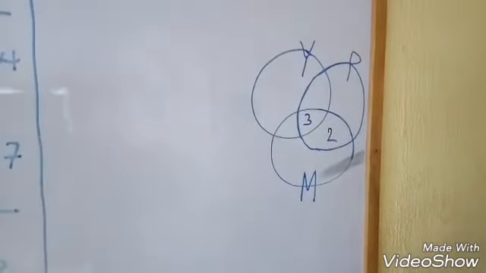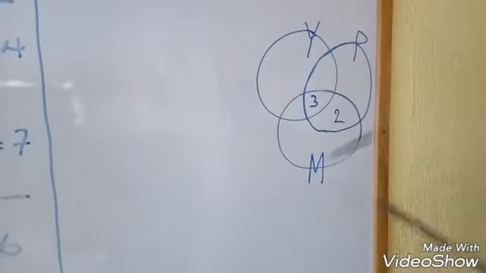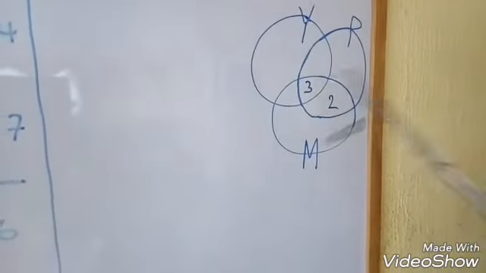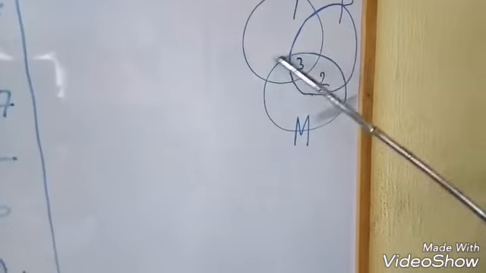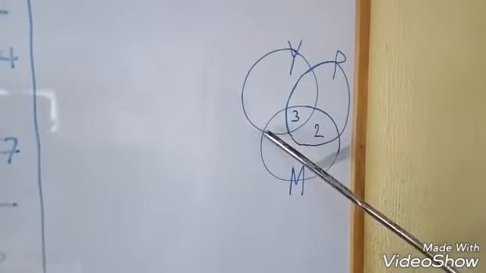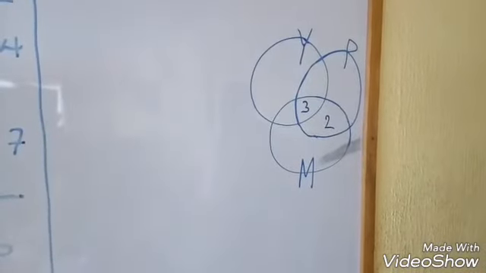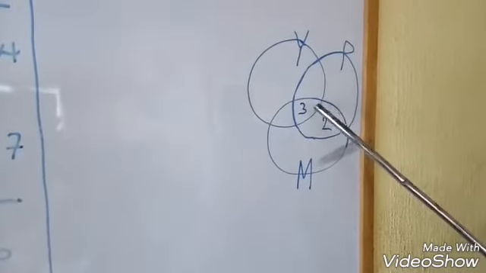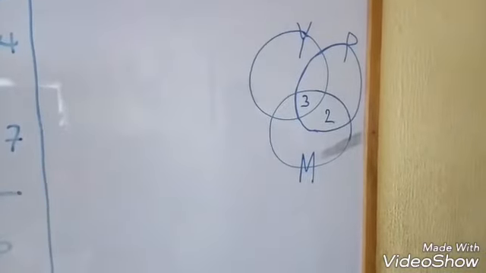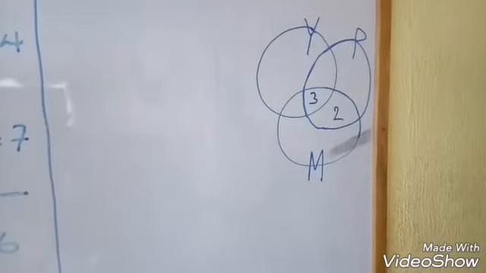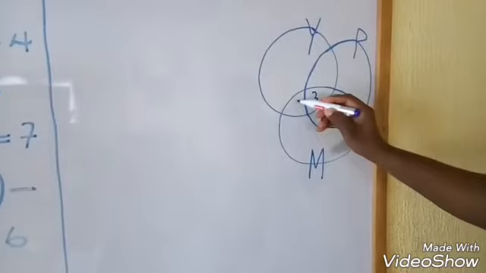This region is what? The whole of this, which is called yam and maize, minus yam and maize and plantain, which is 4 minus 3. That gives us what? 1.